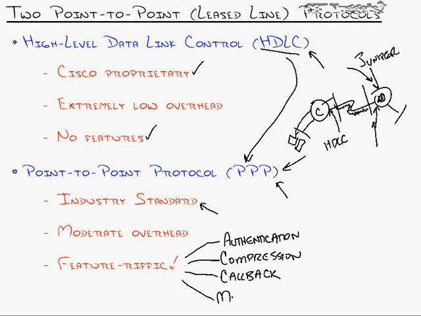Last but not least is the most famous feature PPP is known for, multi-link. Multi-link is a system that you can employ that allows you to combine the bandwidth of multiple WAN connections into one. In recent years, the price of dedicated T1 lines has gone down. But T1 doesn't give you too much bandwidth.